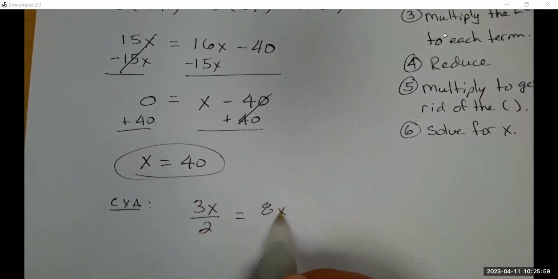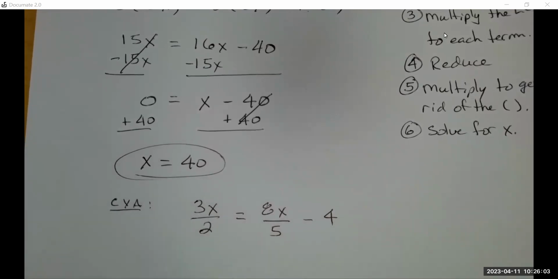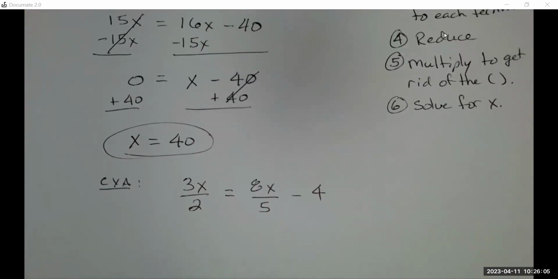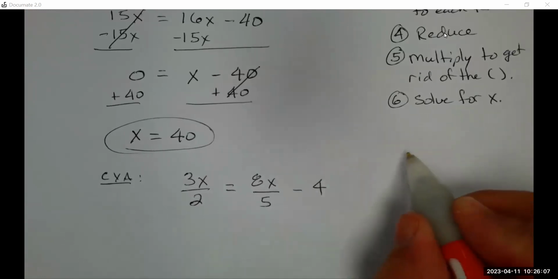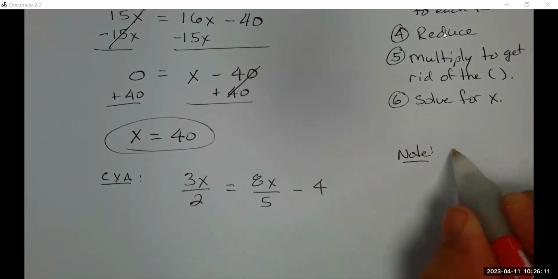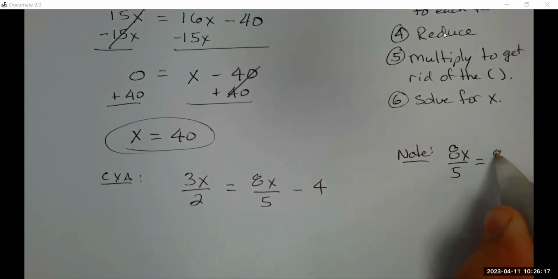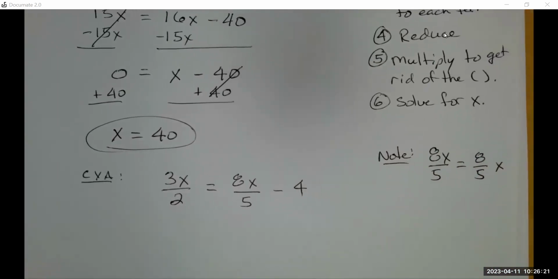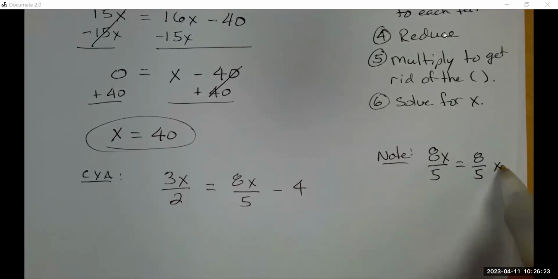3x over 2, 8x over 5. Here's a note about fractions. 8x over 5 is the same thing as 8 over 5x. So if you have an equation that looks like this, you can just move the x to the top number.